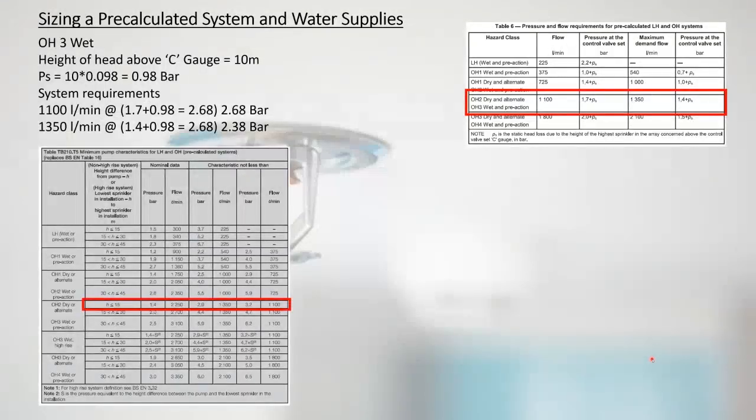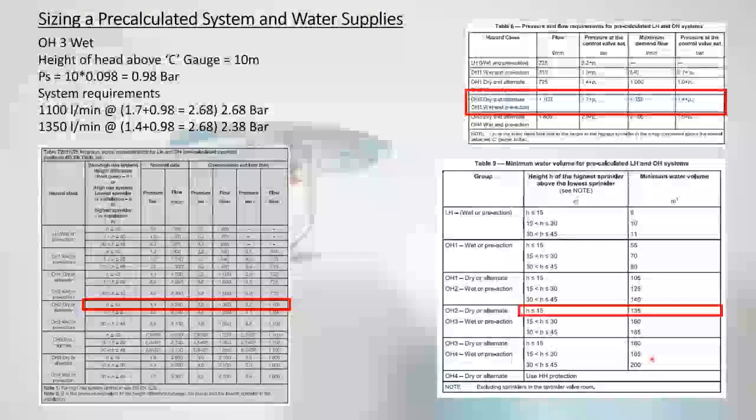Take that from here, there's your pump size, and there's your tank size. Very simple, very straightforward. Very simple to get our tank size from that. On a pre-action system, fully hydraulic calculated systems are a lot more difficult.